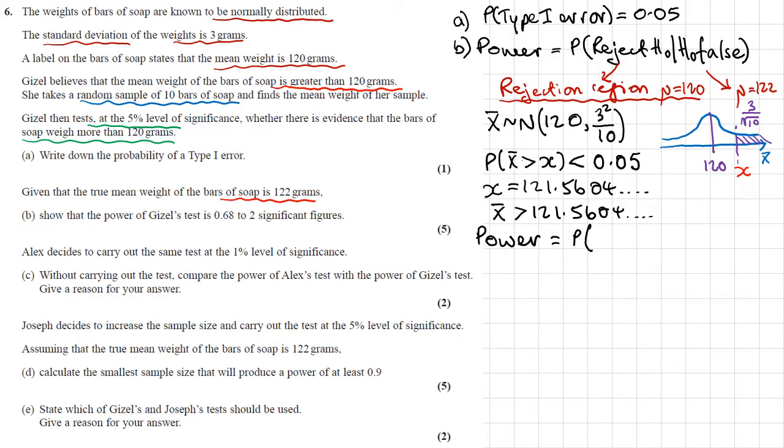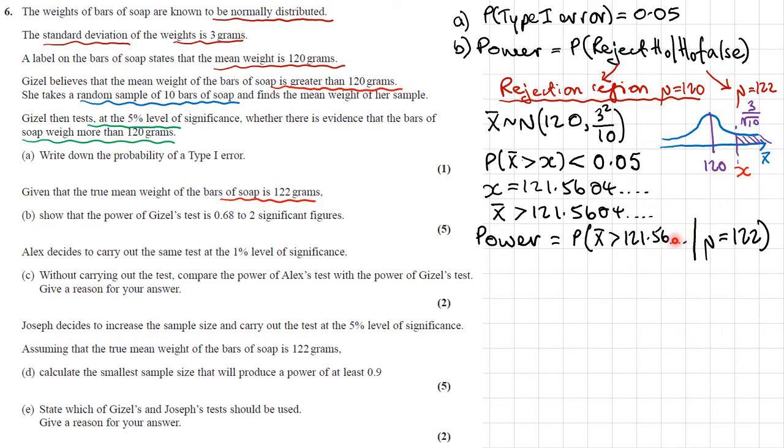So now we can work out the power of the test, and that is the probability we reject H0. We reject H0 when the sample mean is greater than this 121.56 number, given that the mean is actually 122. So H0 false means that the mean is equal to 122. So we can use normal CD to work this out. The lower value will be 121.56044.